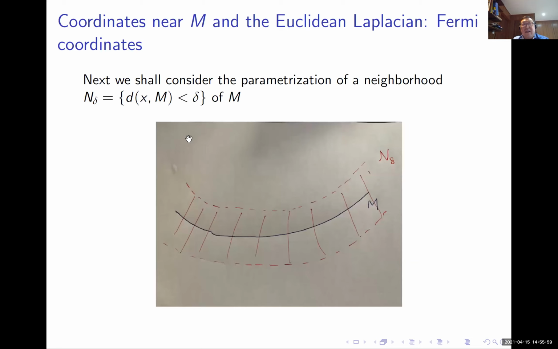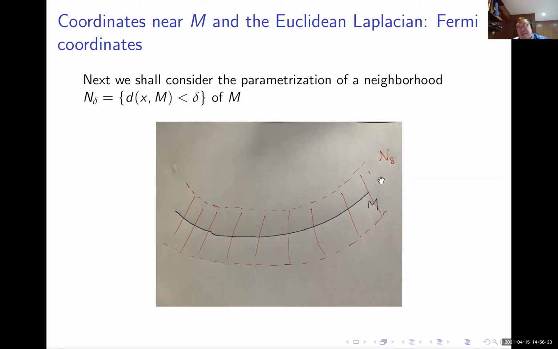Next, I want to describe a coordinate near the manifold, the so-called Fermi coordinate. Take this manifold M and look at a neighborhood of it. We want to introduce some deformation of this manifold.